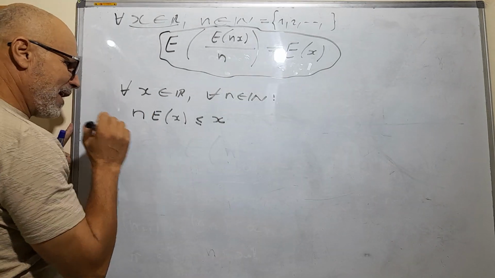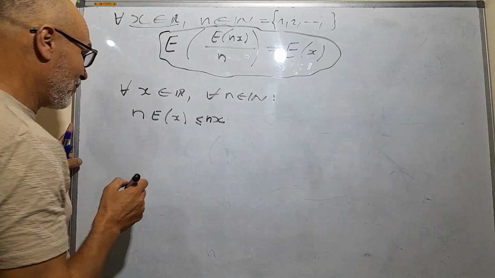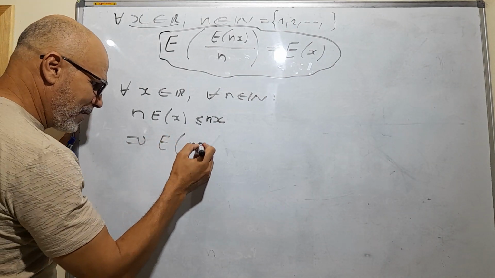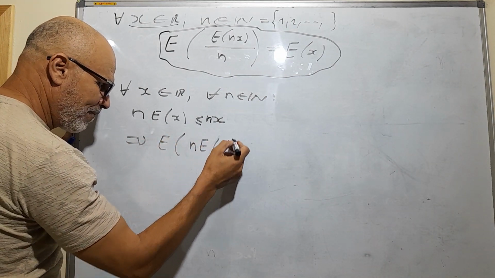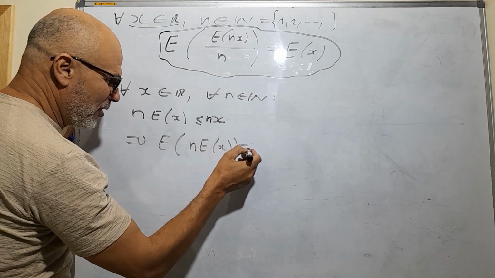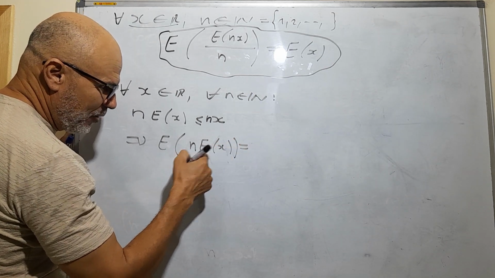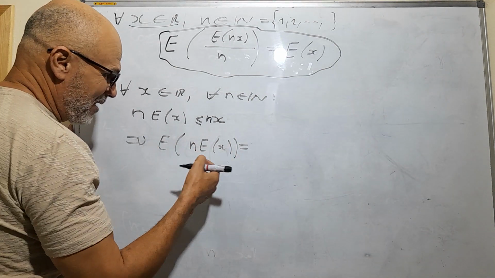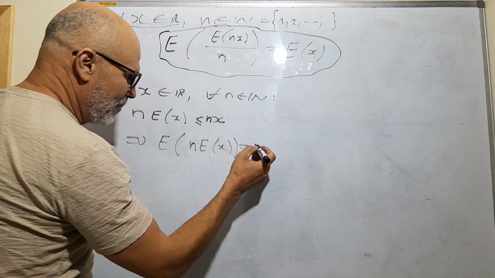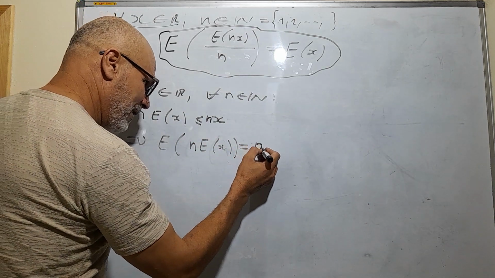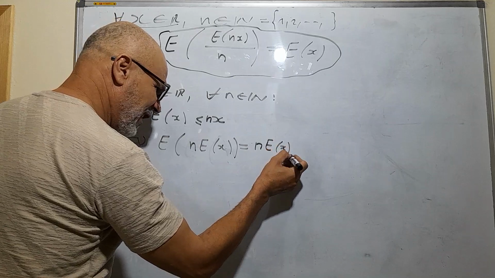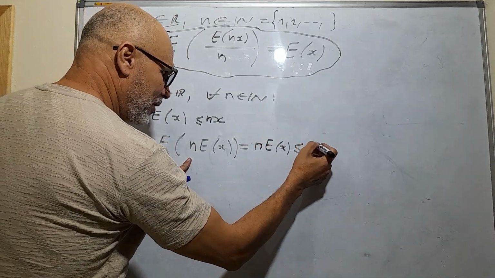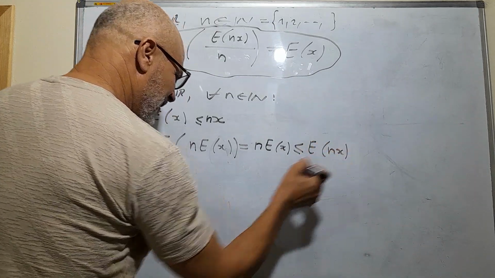If we multiply by n, the integer part of n times the integer part of x is equal to n times the integer part of x, since n is a natural number, or a relative integer. But this one is less than or equal to the integer part of nx.